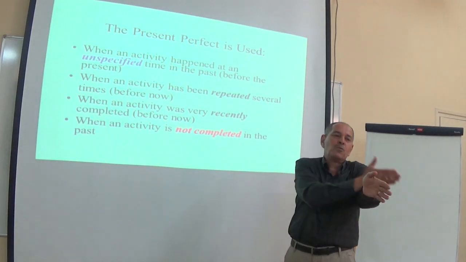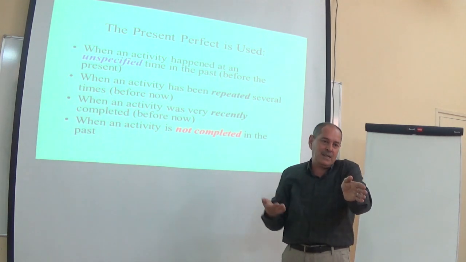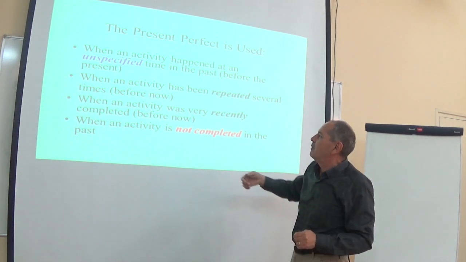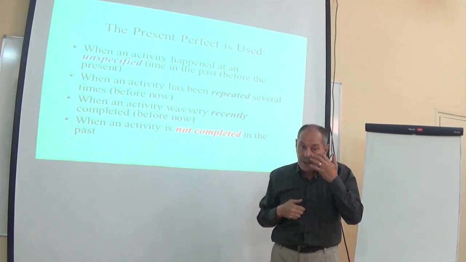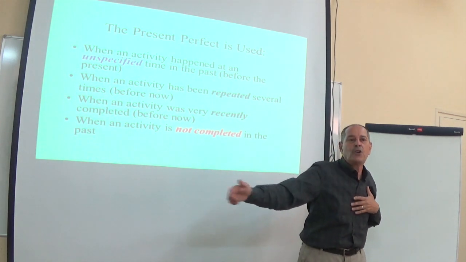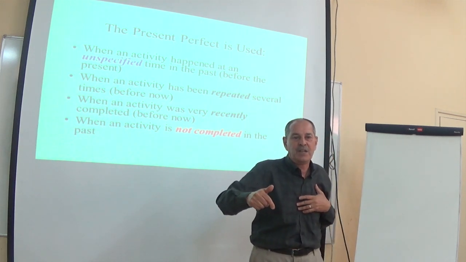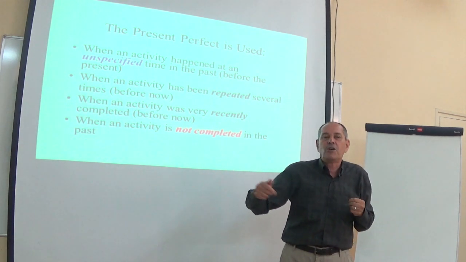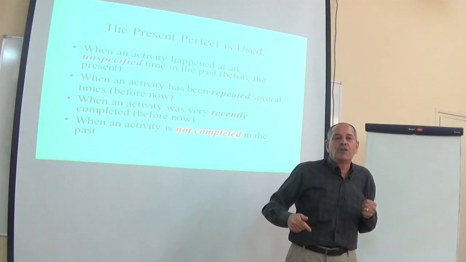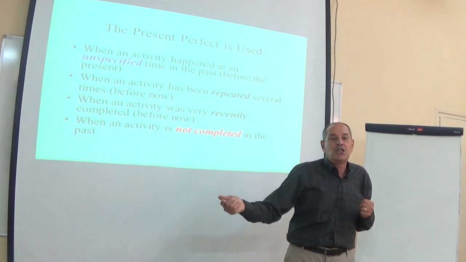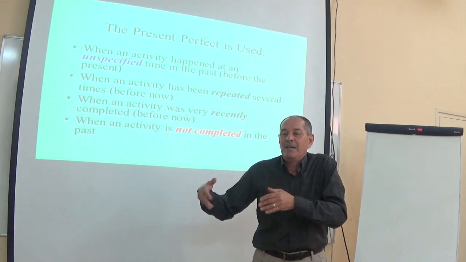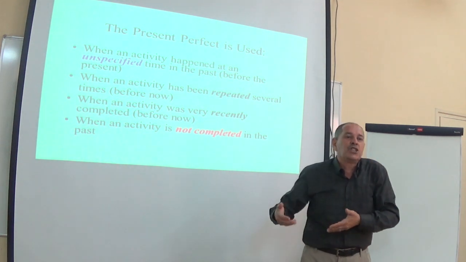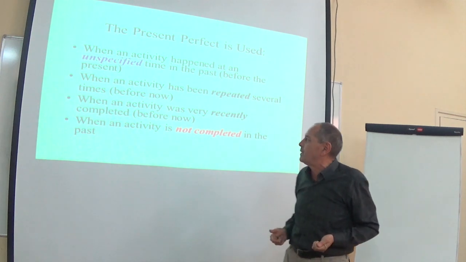That is, the exams started somewhere in the past and we are still having the exams. Or when an activity was very recently completed, you say, for example, she has arrived, or she has just arrived. I don't say she arrived half an hour ago, or two minutes ago. She has arrived. When? In the past, but with no precision.